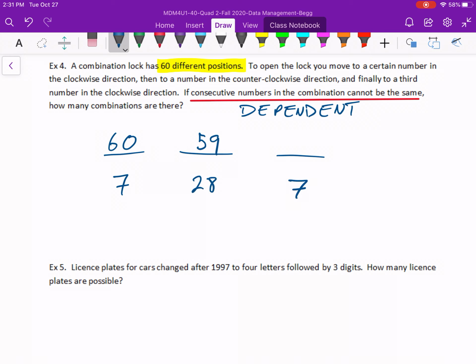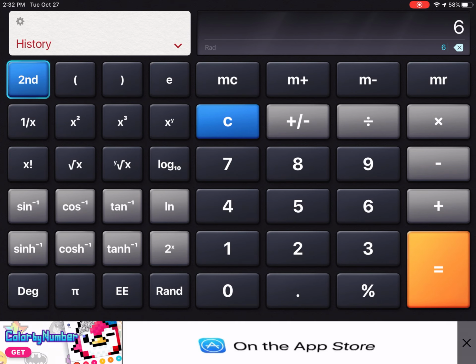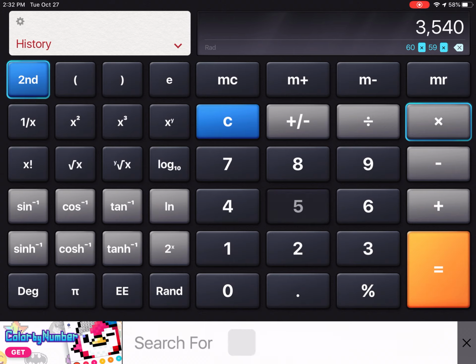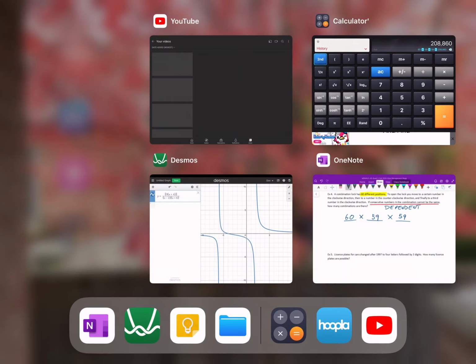This one could be a 7 again, just to pick some numbers. It doesn't have to be those ones. But the point is, the last number could be the same as the first one, but it can't be the same as the second, so I've only got 59 choices for this one as well. So it'd be 60 times 59 times 59 again, $208,860.